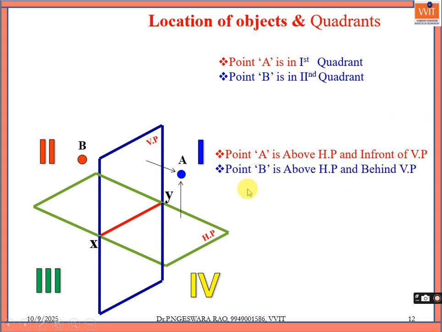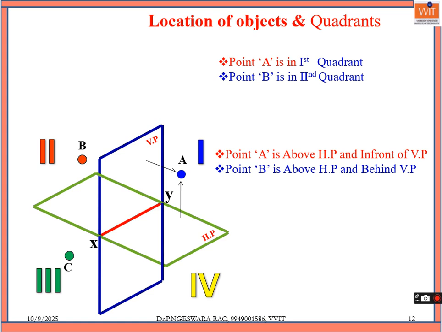Whenever the point is above HP but behind VP, the point B is here behind VP, whereas A is in front of VP. So whenever it is above HP and behind VP, we can call it the second quadrant.